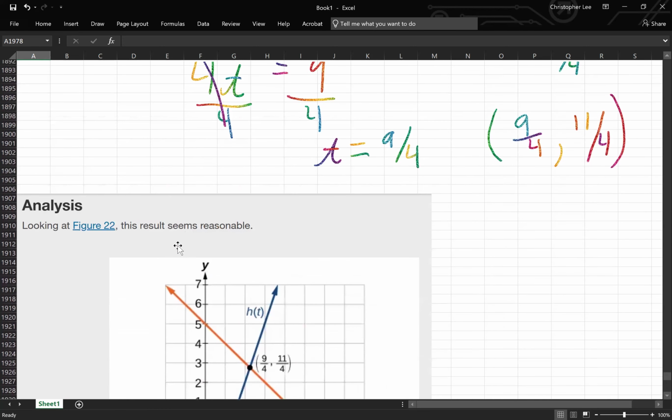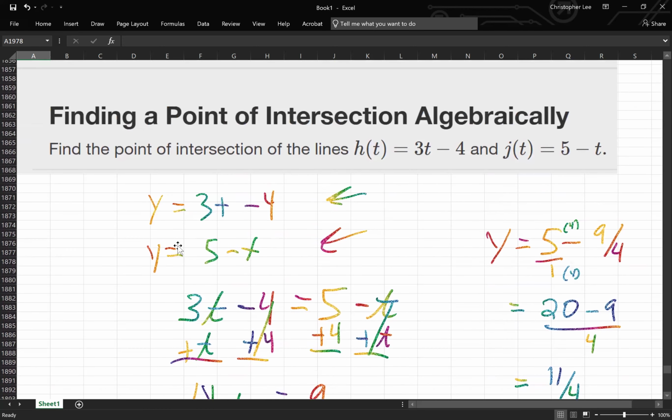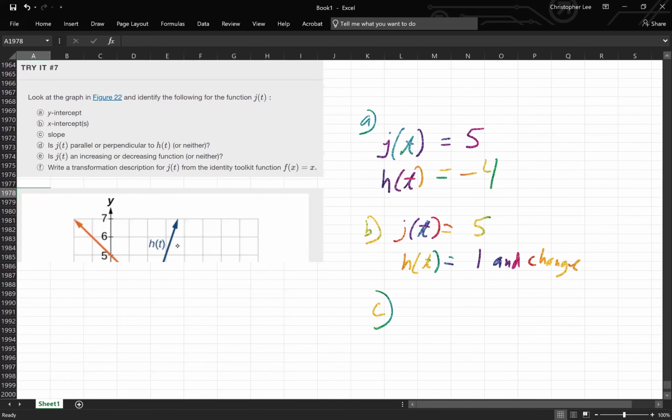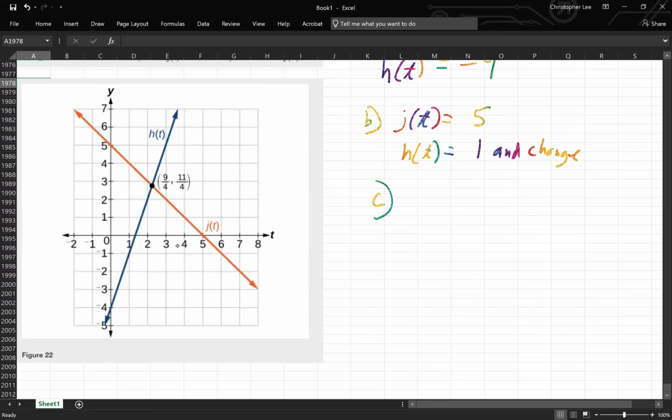You have the functions right here. That's H of t, that's J of t. So 3 and what else? So J of t, -1, H of t, +3. Okay. Let's see what else they're looking for.